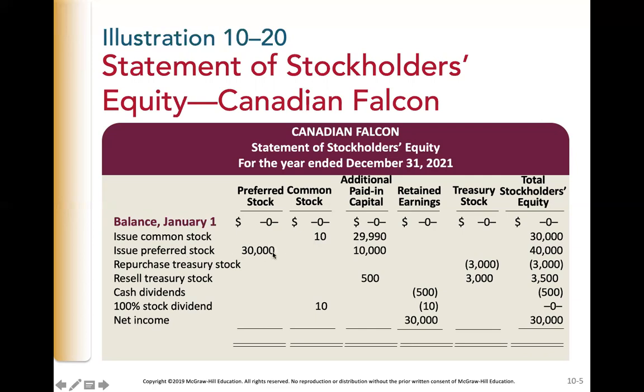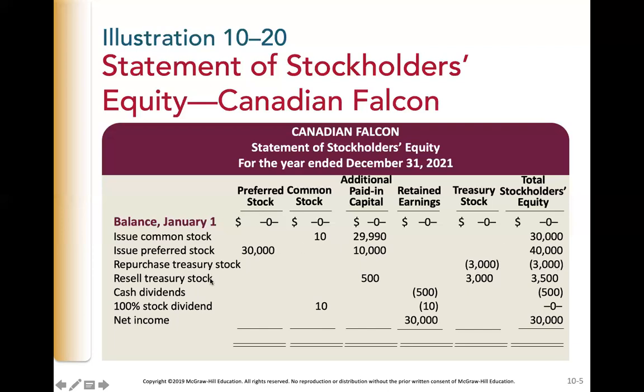Preferred stock column has the par value, then the additional paid in capital. 30 plus 10 equals our $40,000. We purchased treasury stock. Remember that from a few videos ago? We will record treasury stock as a negative $3,000 when we purchased it. It's decreasing our stockholders' equity. So we will pull that over to a negative 3.